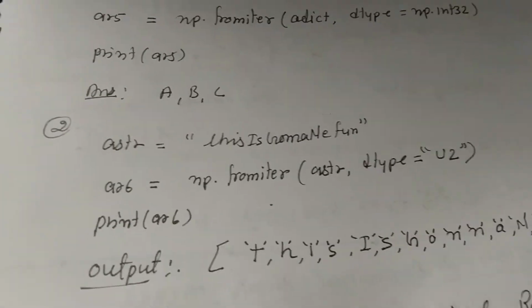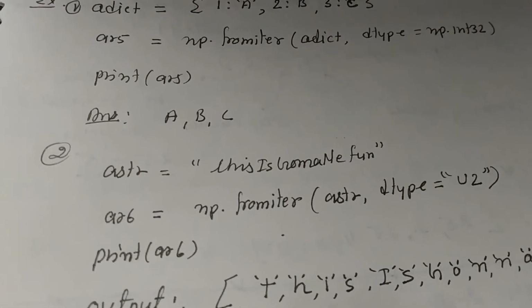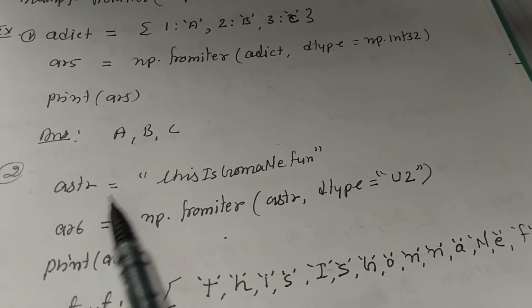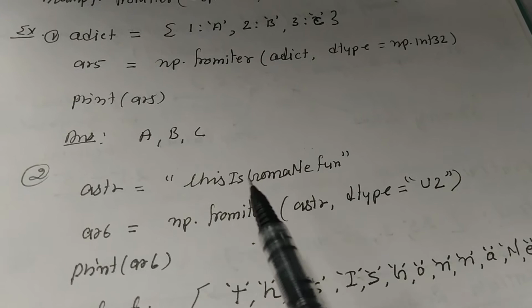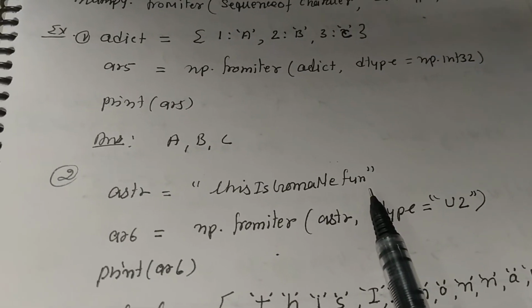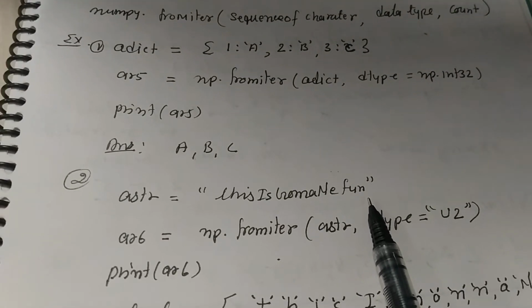Now we can also do it for a string. Here astr is the name of a variable, and the string is 'this is gonna fun' without any spaces.